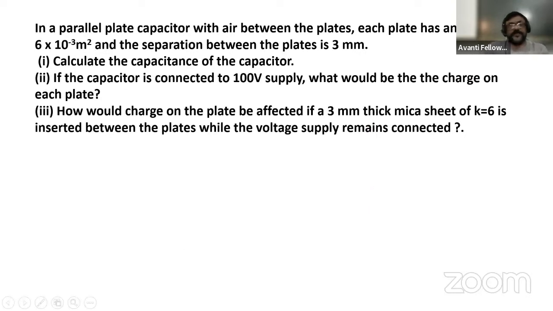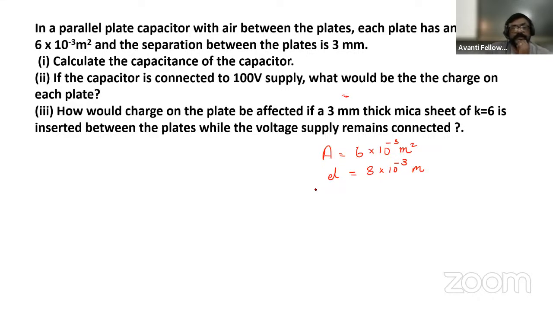It's a parallel plate capacitor with the area given, A is equal to 6 into 10 raised to negative 3 meter square. The separation between the plates is 3 millimeter, that is D is equal to 3 into 10 raised to negative 3 meter.